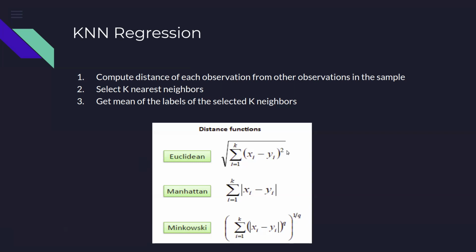If you don't want to take the square, just take the absolute value of the difference. That also helps us compute the distance correctly, because then the plus and minus will not cancel out. That process would be called the Manhattan distance. But mostly Euclidean distance would be used, though we can always use Manhattan distance also.